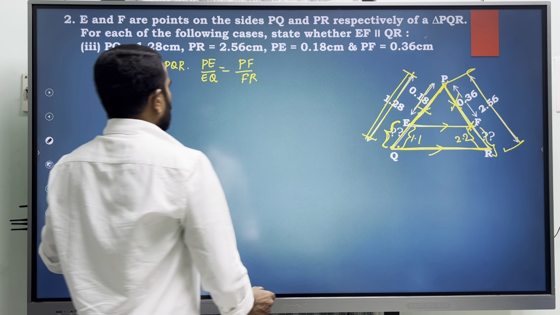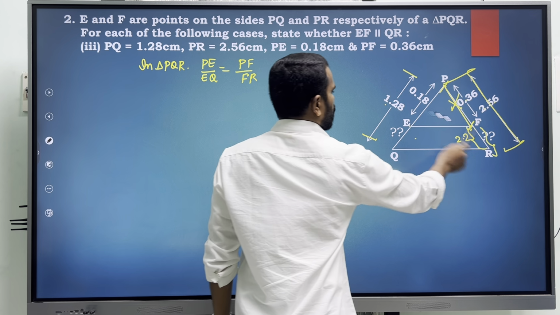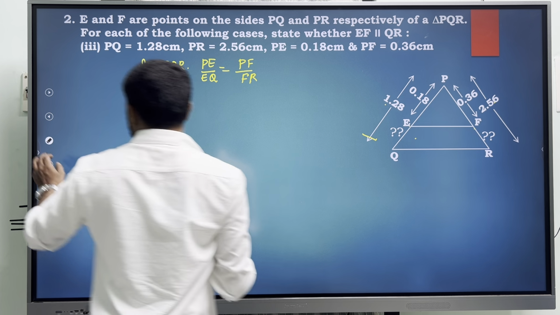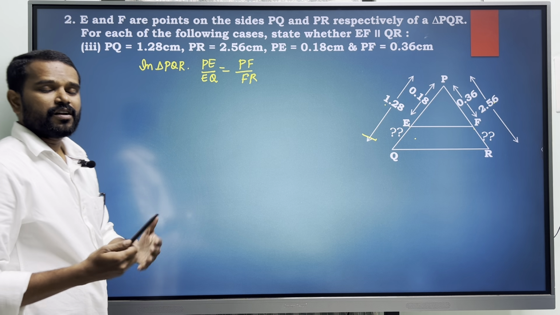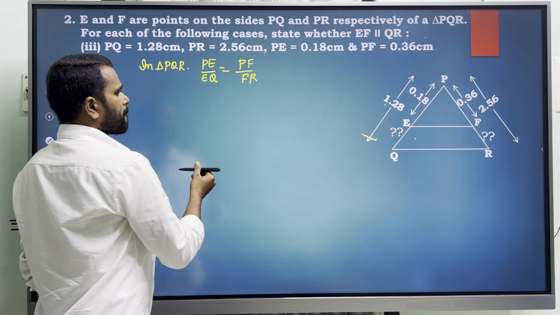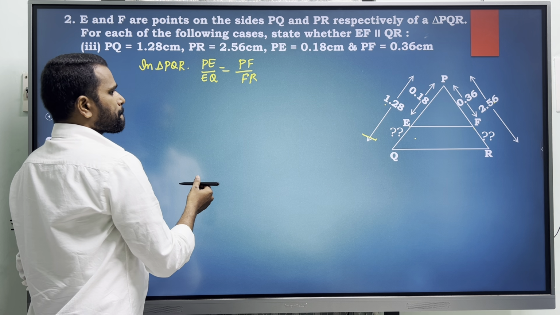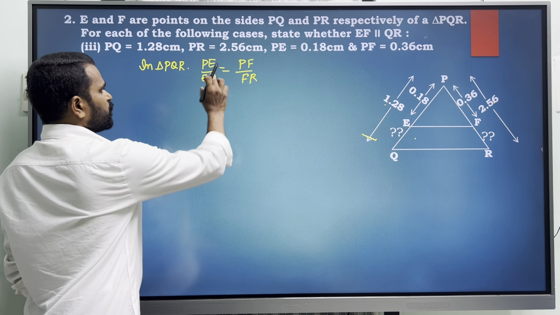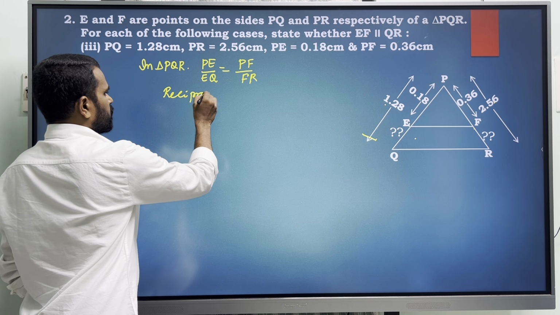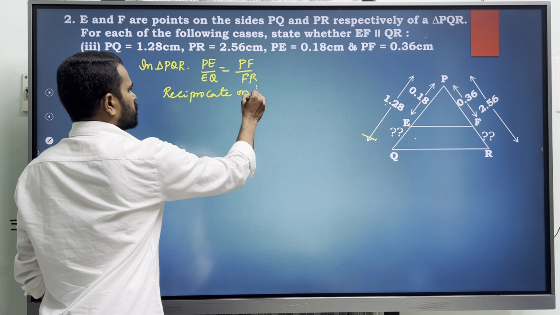Or what else we can do is use the corollary of BPT. Just reciprocate on both sides.